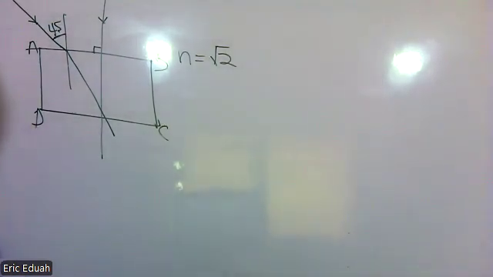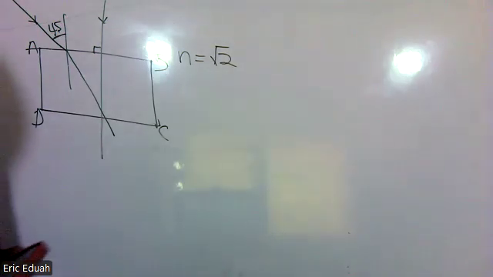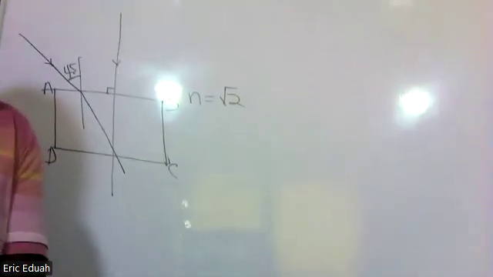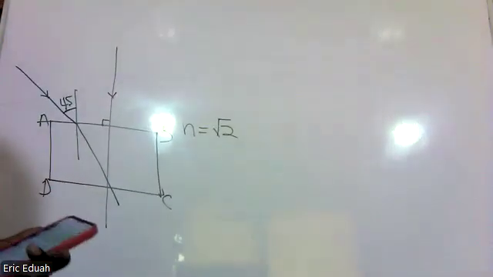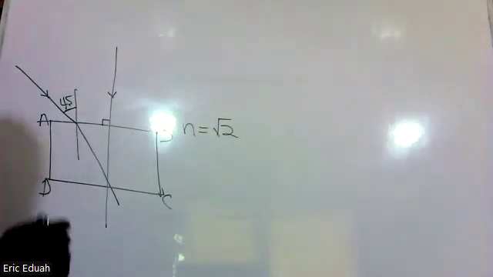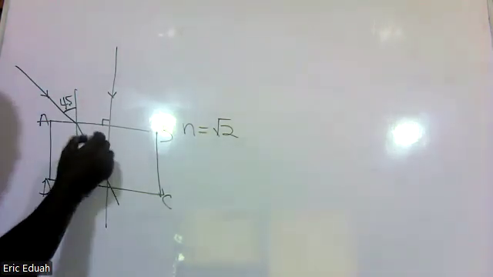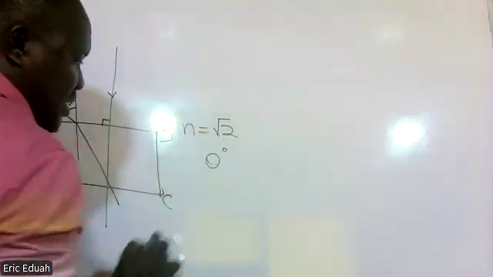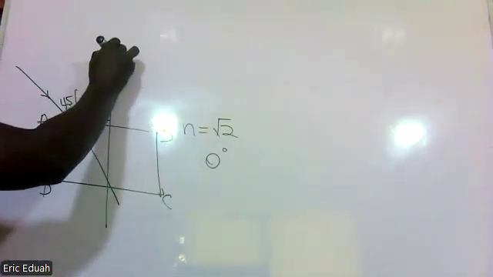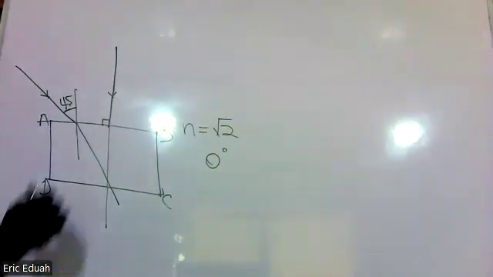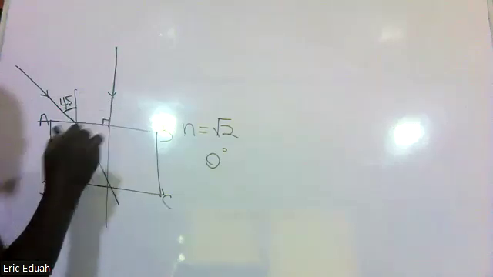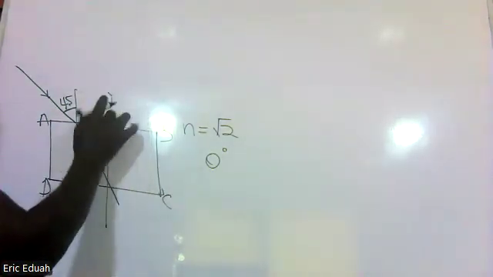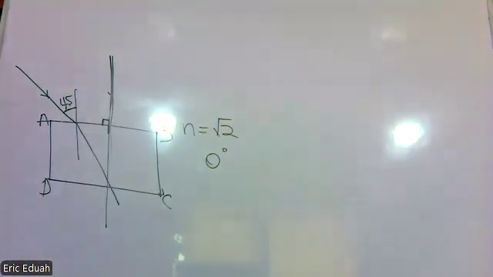So, A, the first option says it will emerge into the air without deviation. That is not true. A is out because once the angle of incidence is not 0, it has to deviate. We measure the angle of incidence from the normal.